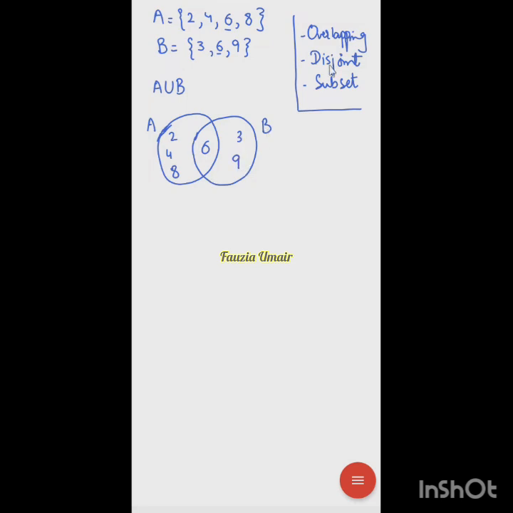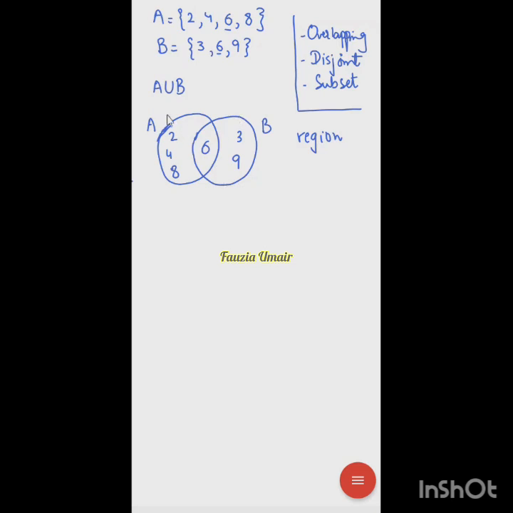The overlapping situation basically divides the sets into 3 categories. The middle area is common between the two sets. One area is only for the elements which belong to set A. And this region is only for the elements which belong to set B.